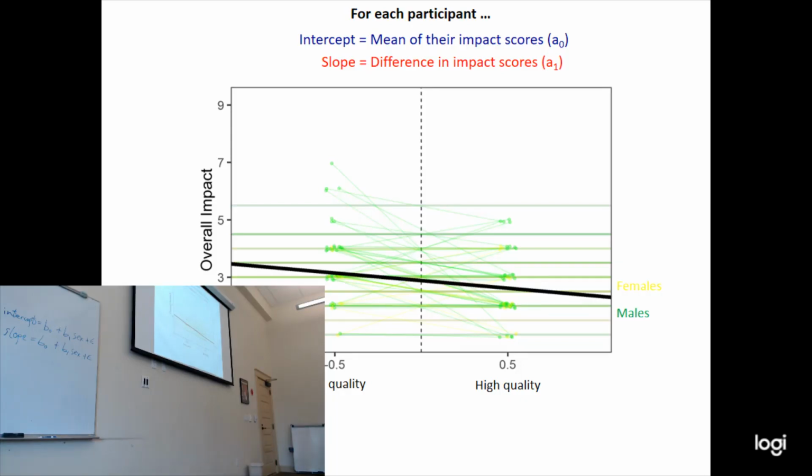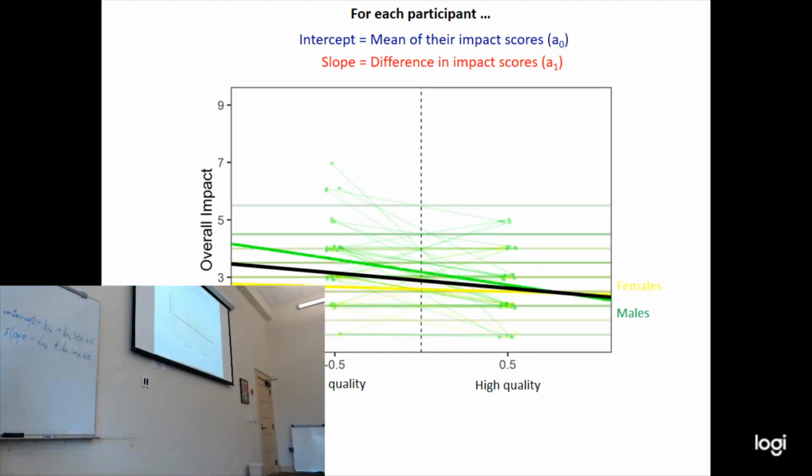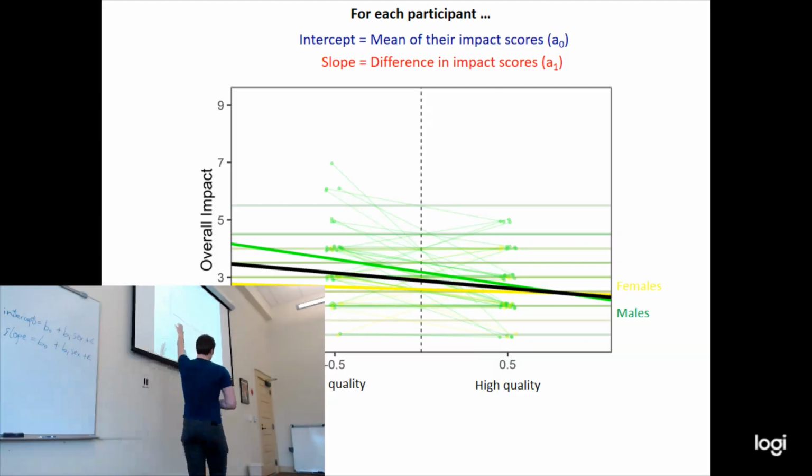And the same deal with these connected points: the ones that are yellow are female, the ones that are green are male. I can use those 2 pieces of information to draw 2 separate prediction lines, one of which uses the female intercept and the female slope, and the other of which uses the male intercept and the male slope.